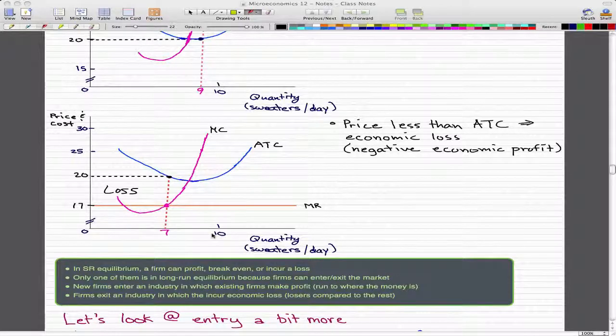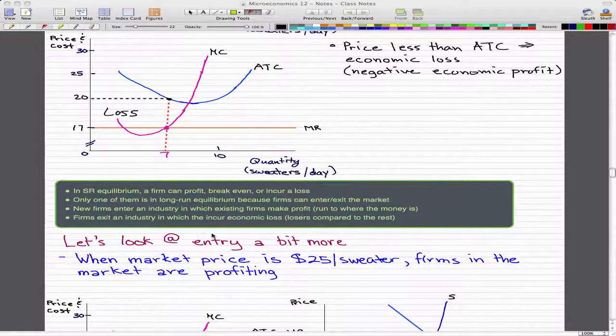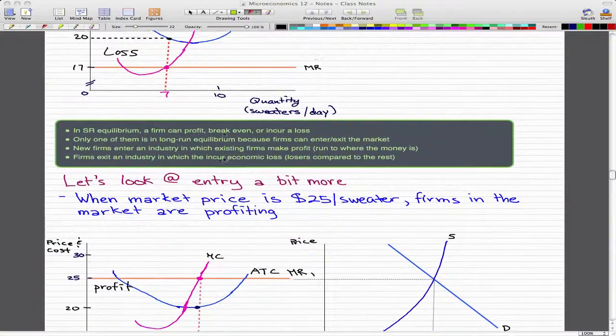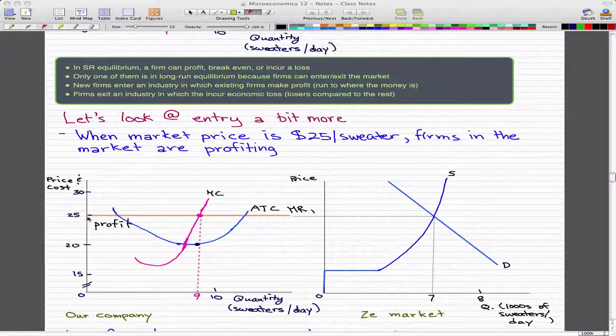So let's look at entry a bit more. What we have here is an example where the market price is $25 a sweater, and firms in the market are making an economic profit, because you can see from these two graphs that there is an equilibrium for supply and demand, and price is greater than the average total cost.